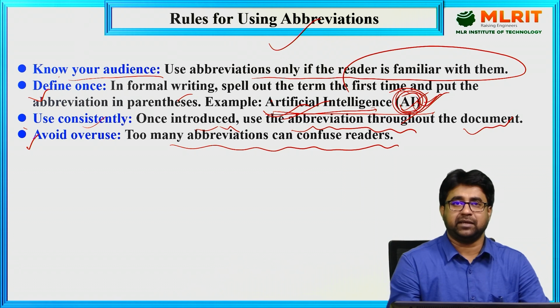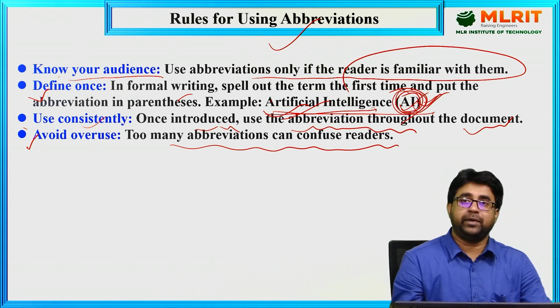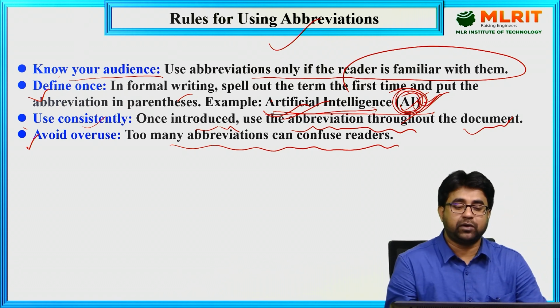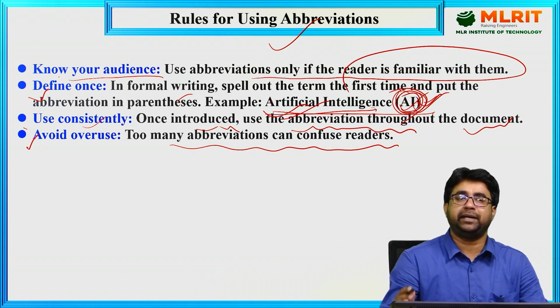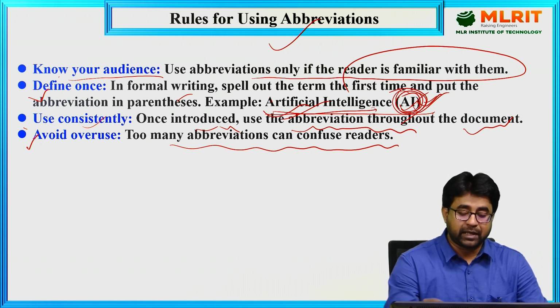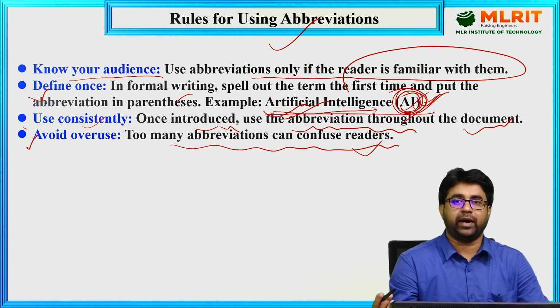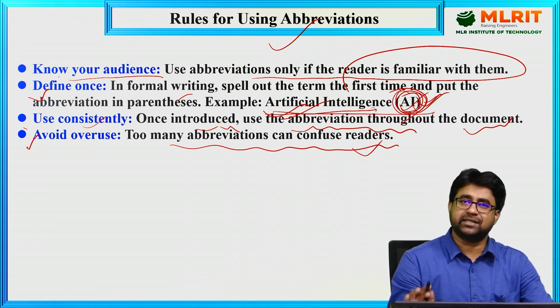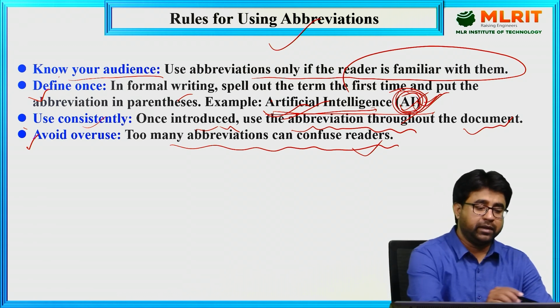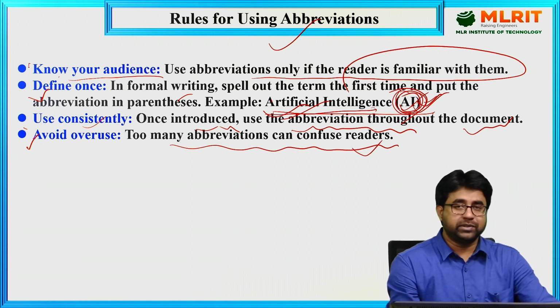So no problem with them. But there are certain abbreviations which are not that familiar. We don't use them in our public discourse very frequently. So it's better not to use those abbreviations excessively, only when required. Right? So these are certain things that we need to keep in mind while dealing with abbreviations.